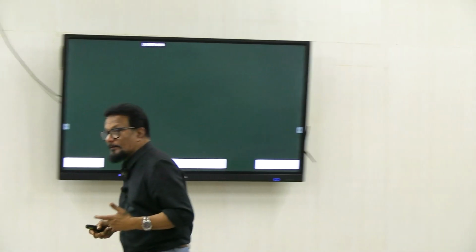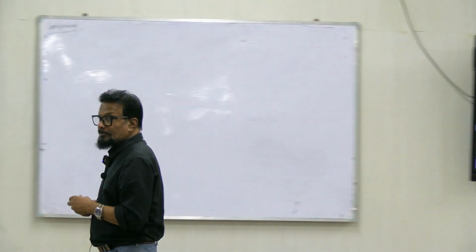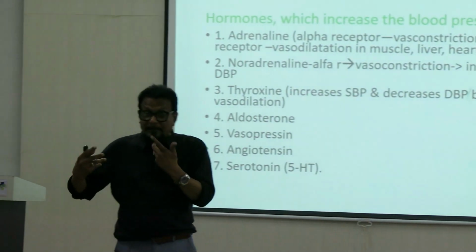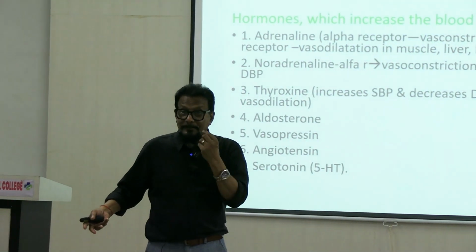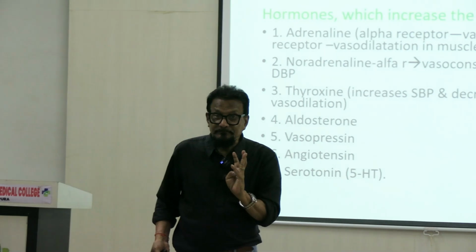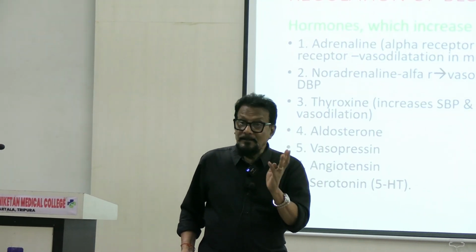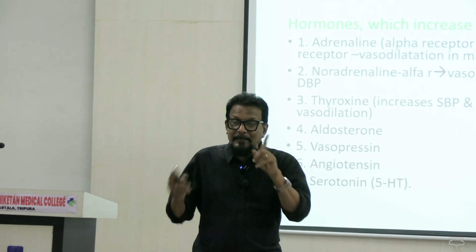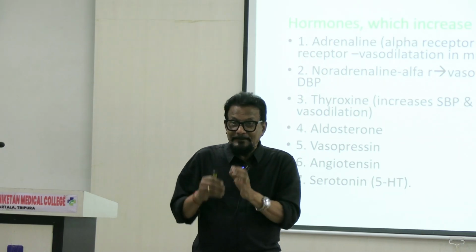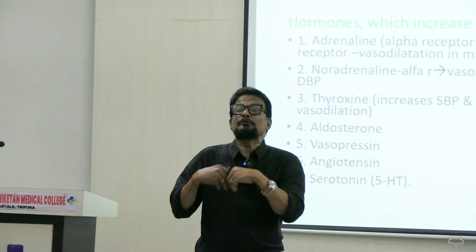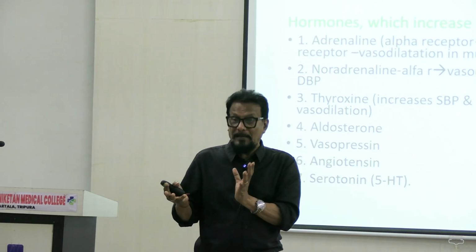Because of increased metabolism, what happens? A lot of metabolites will be produced, like adenosine, carbon dioxide, low pH. They all stimulate blood vessels, causing vasodilatation of the blood vessels.